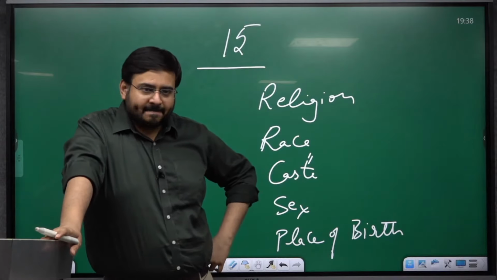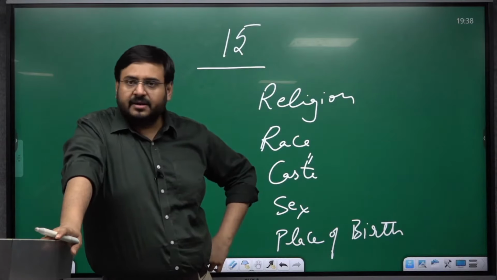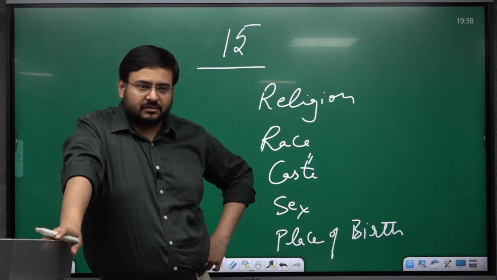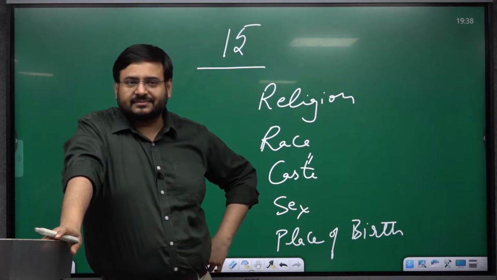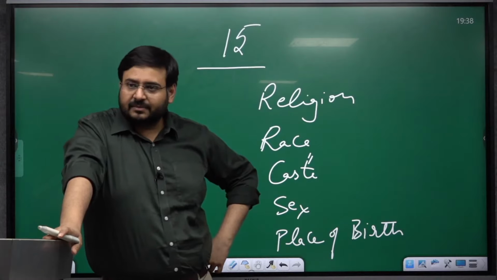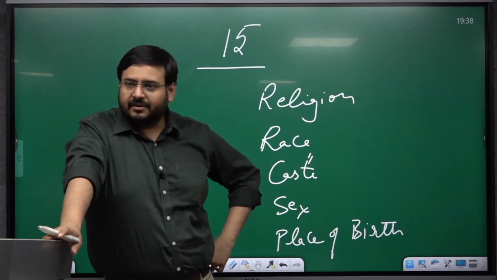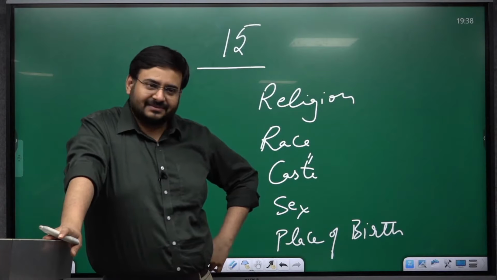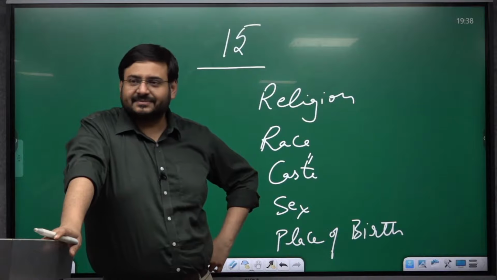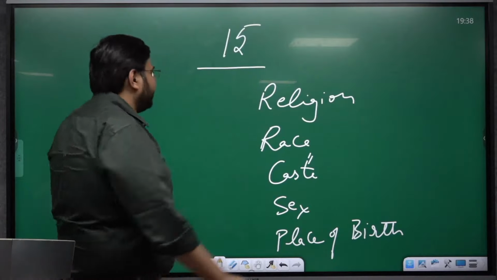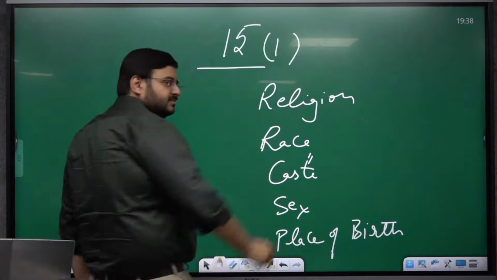Now, this right is vertical or horizontal? Vertical, because only the state is limited. So it means we are allowed to discriminate. But this is not only 15, this is 15(1).